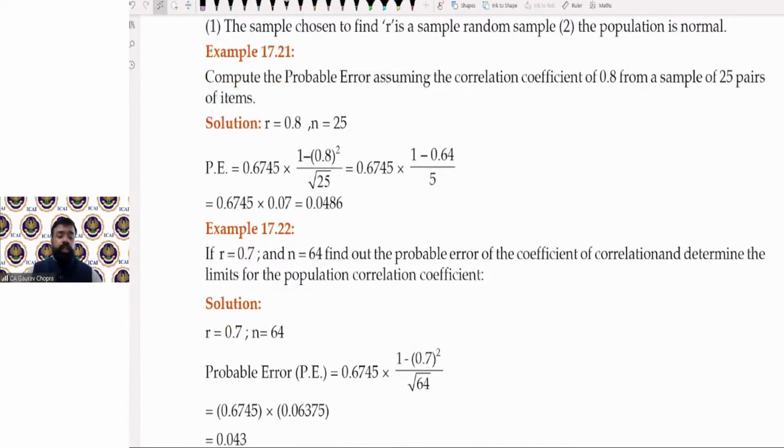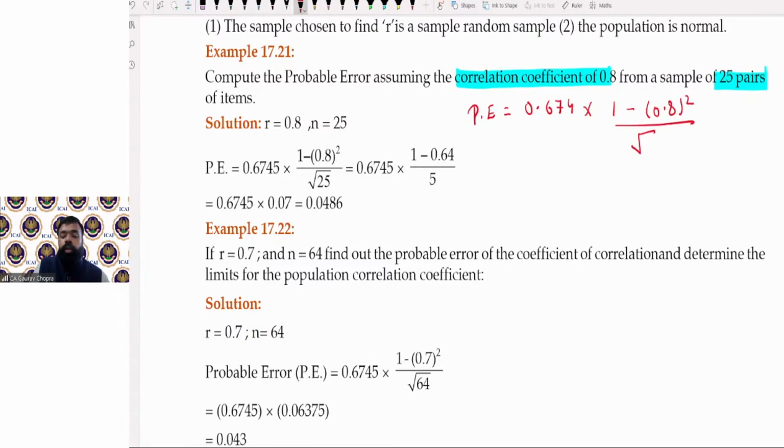Now from 21st, let us calculate the probable error. Assuming correlation coefficient is 0.8 and a sample of 25 pairs are there. So probable error equal to 0.674 multiplied by 1 minus 0.8 square upon root of 25.